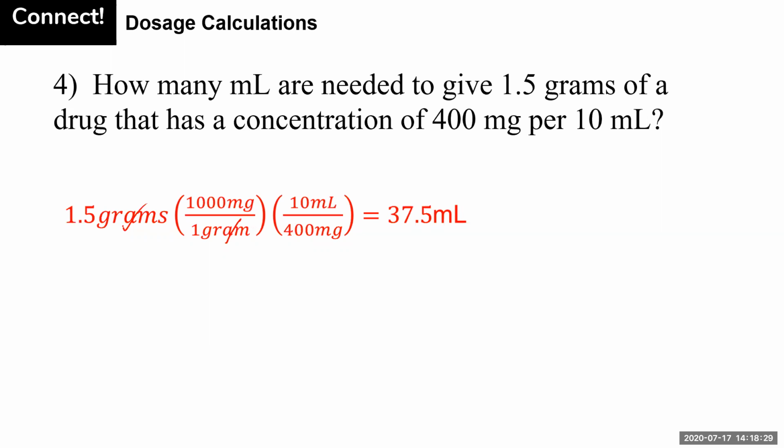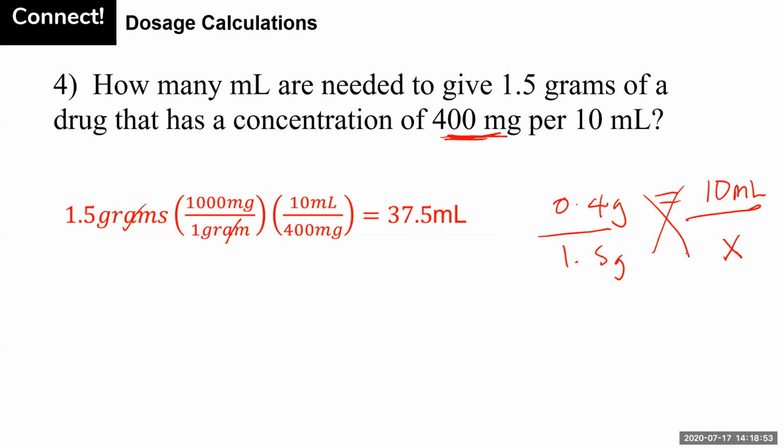Literally what we're doing is that 0.4 grams, if you change that into grams, is 10 ml. Now we have 1.5 grams, and how many milliliters is that? If you do this cross product, that should give you the same answer.